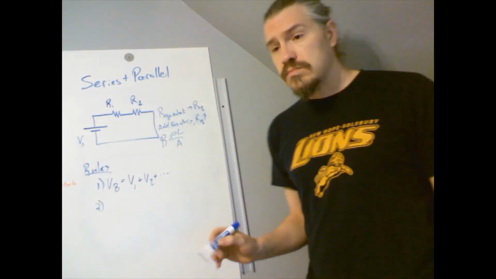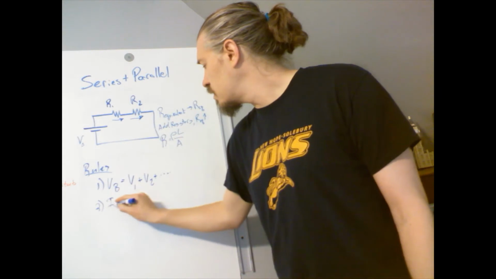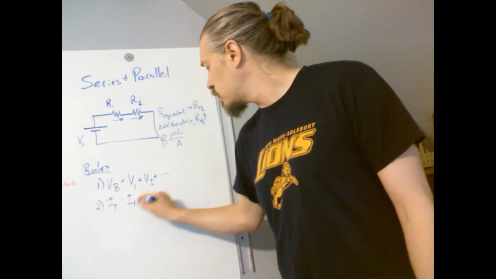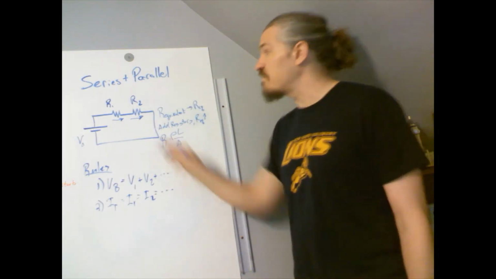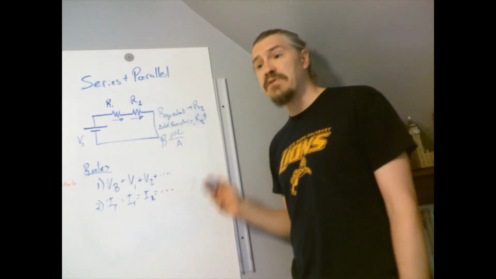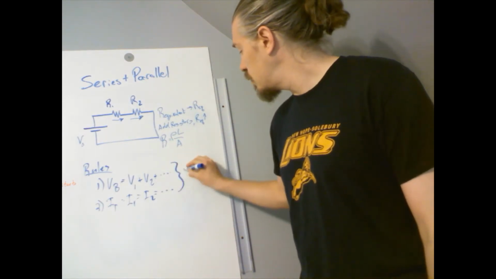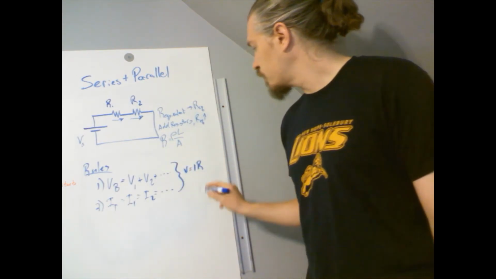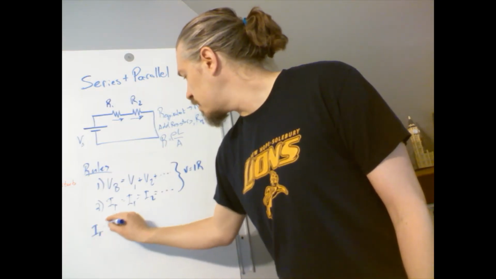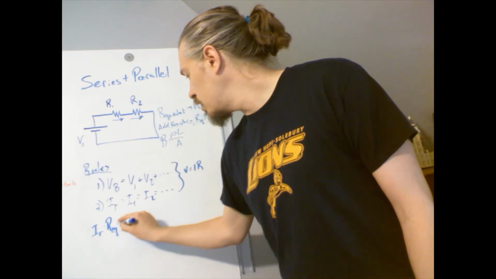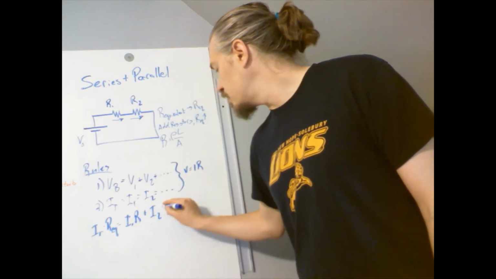Rule 2, the current is constant. No matter how many resistors you have, because they're in series, the current keeps going from one to the other. Now, if we remember Ohm's law, well, then I can say I total times R equivalent equals I1 R1 plus I2 R2.